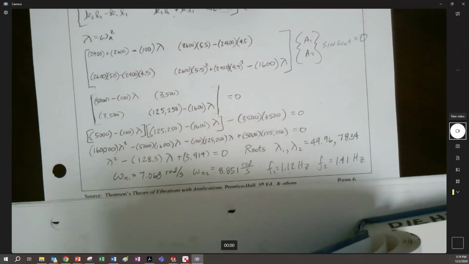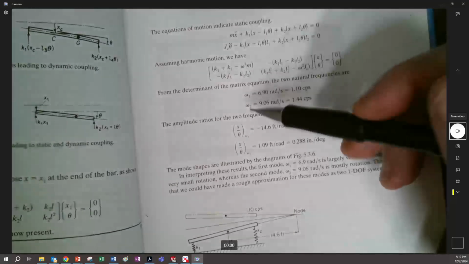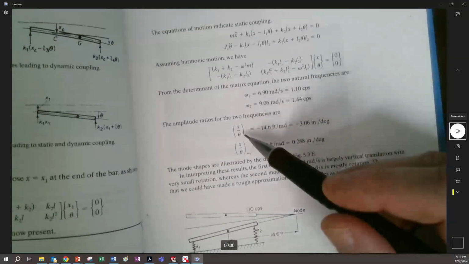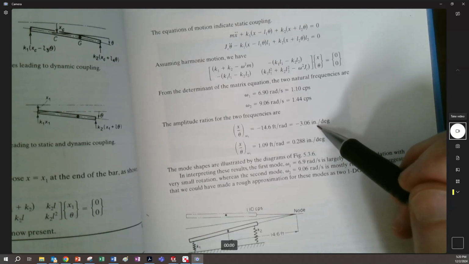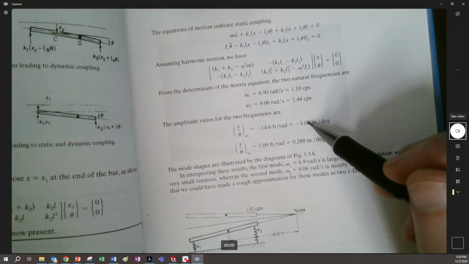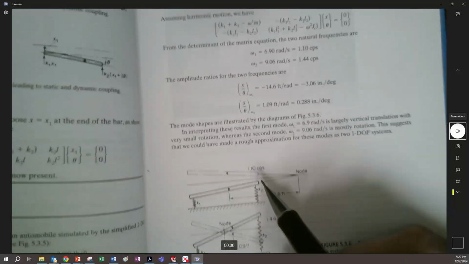In the interpretation, they went ahead to the next step, and instead of using a ratio of A1 to A2, which is essentially what this is, they got this, and it's not non-dimensional. It's inches per degree in this case, and inches per degree. So you could get sort of an idea of what's taking place.